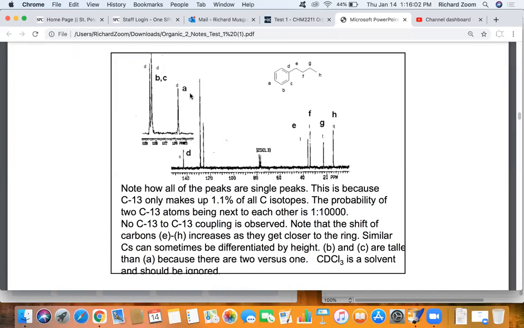What looks like a single peak is actually 2 peaks, but they're very close together. These letters tell us how many hydrogens are attached to each of these, and that's due to a different kind of spectrum that we take with the carbon that allows us to determine that. So it's really kind of like two carbon spectra in one.